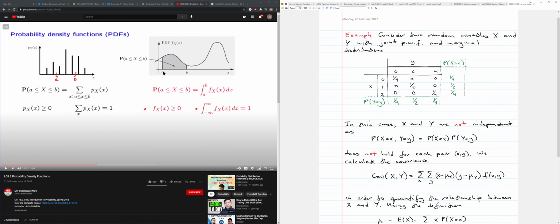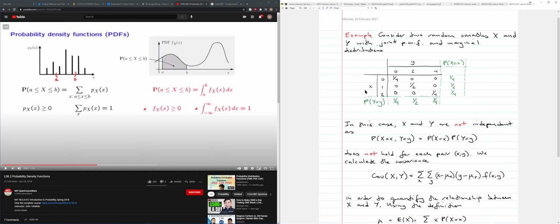To calculate the probability of your random variable taking values between a and b, you integrate your probability density function between the limits a and b, using this formula here. So this is a single discrete random variable, and this is a single continuous random variable.